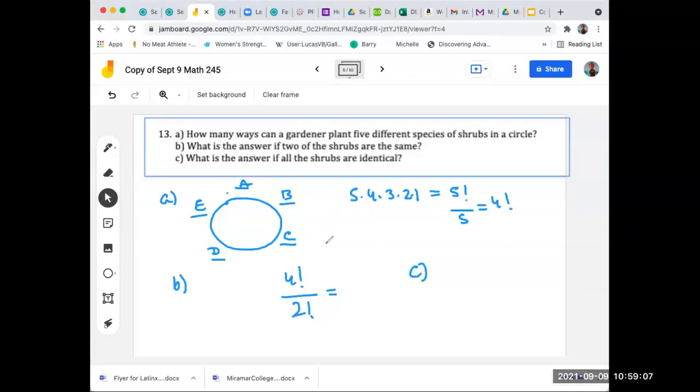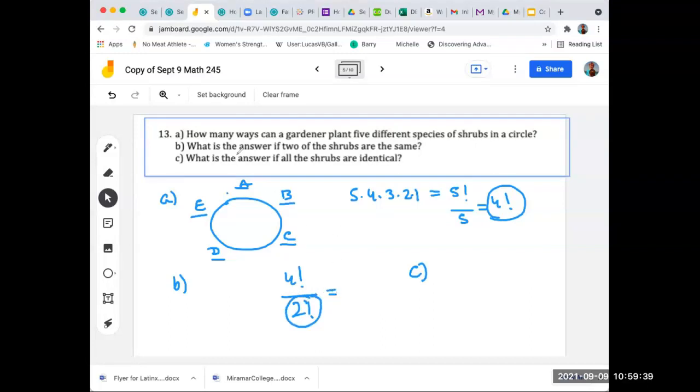Like in letter A, there are 5 ways that they are the same. Yeah, if it's 5 different things, they're not repeating, so it's going to be the factorial. We divided by 5 because it's in a circle, so that's why we got 4 factorial. But when it's repeated, the order of these 2 things is interchangeable. So you divide by 2 factorial because 2 of those things are identical.